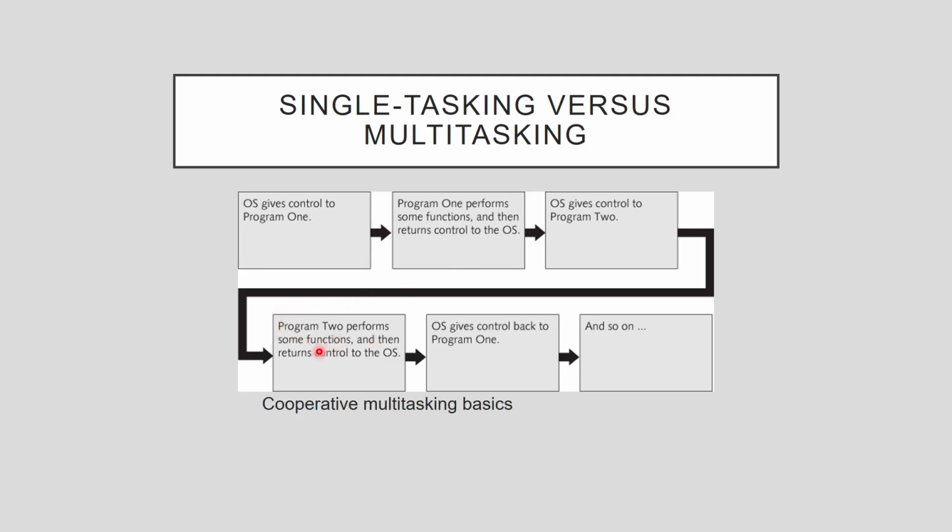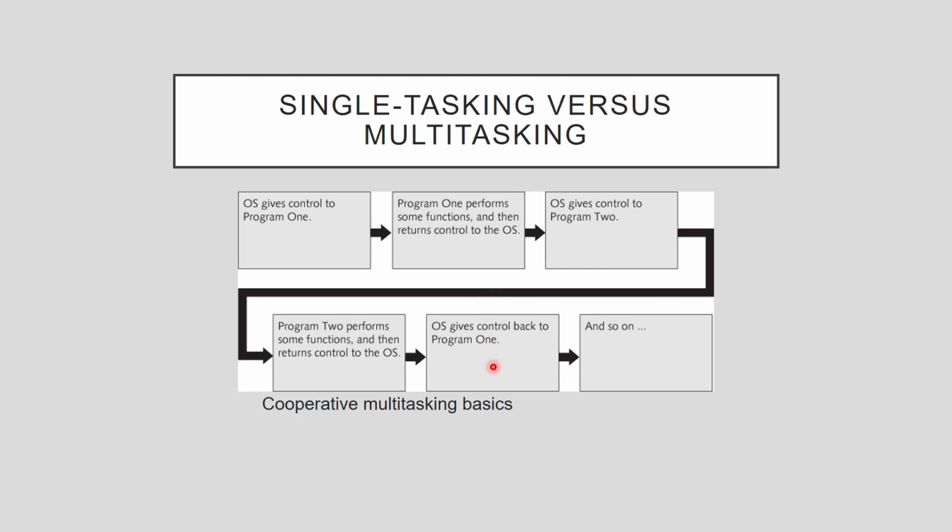Then program 2 performs some functions and then returns control to the operating system. And the operating system gives control to program 1 and so on. So it shows the basic concept of cooperative multitasking.